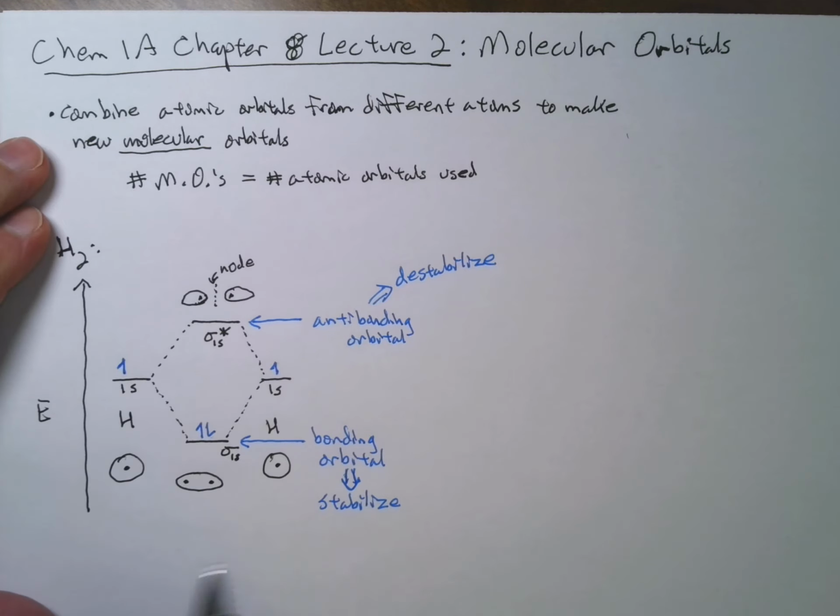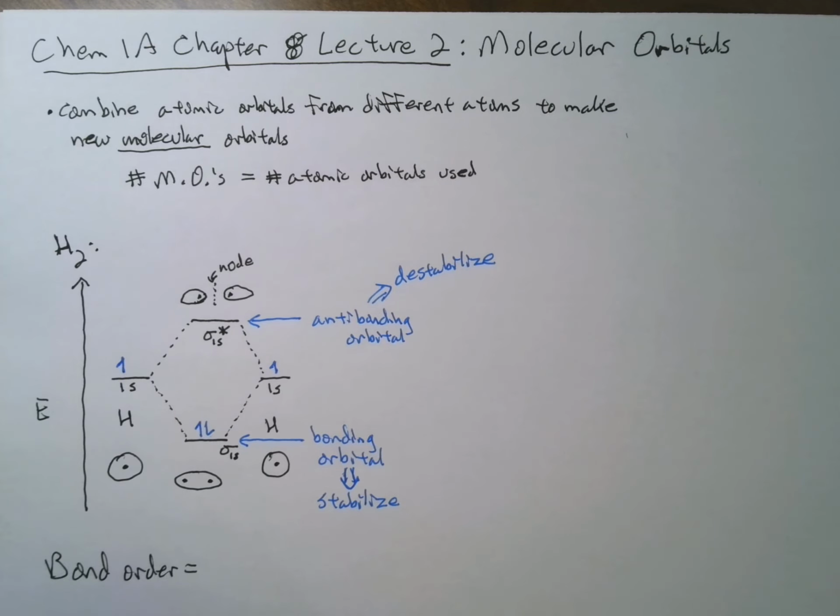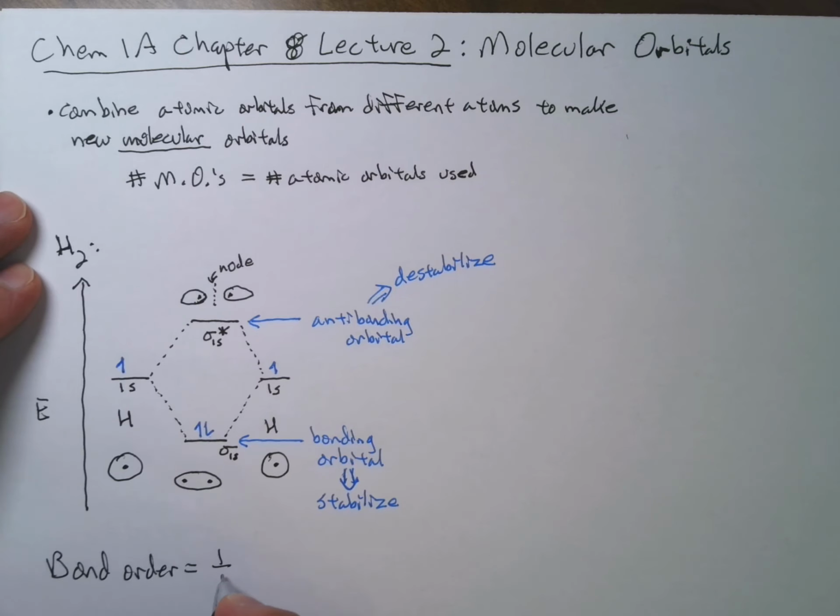In fact, we can write an expression for what we call bond order. And that is simply equal to 1/2 the number of bonding electrons minus antibonding electrons.